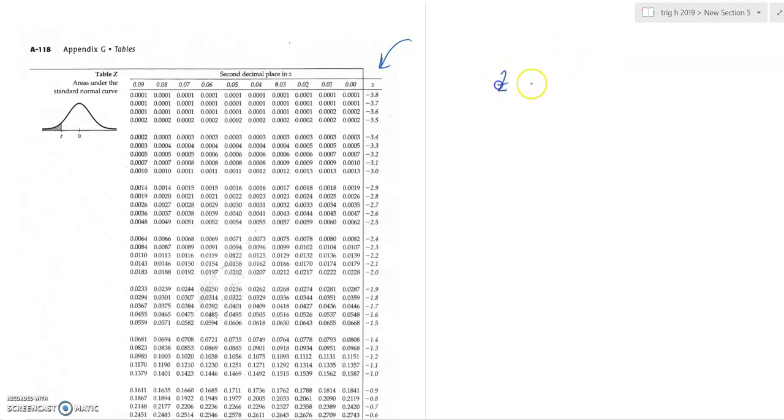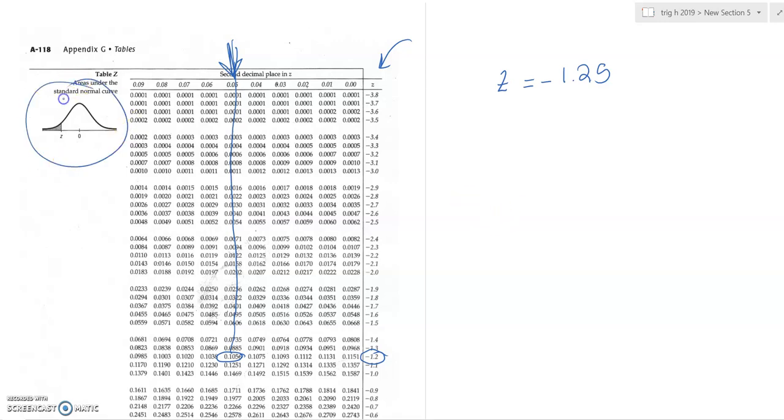Since our z-value for this example was -1.25, the first thing you do is look on the z-table for -1.2. And then I wanted it to be -1.25, so that would be right here. There we go. This is our probability associated with -1.25 on the z-table.